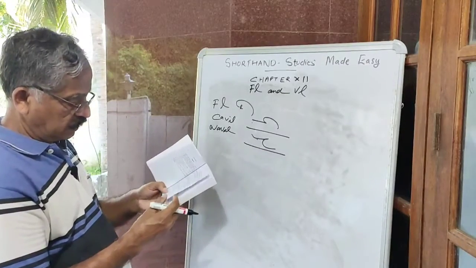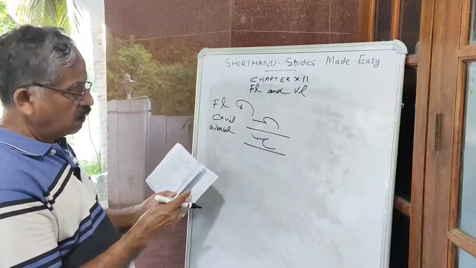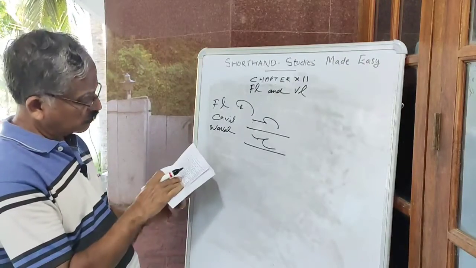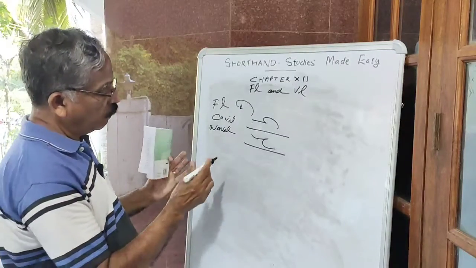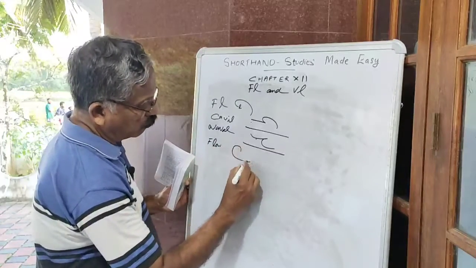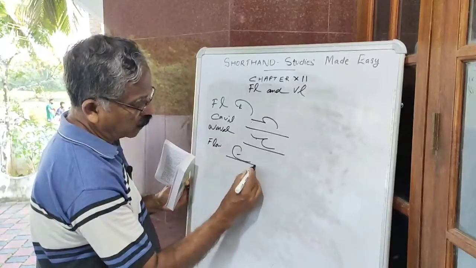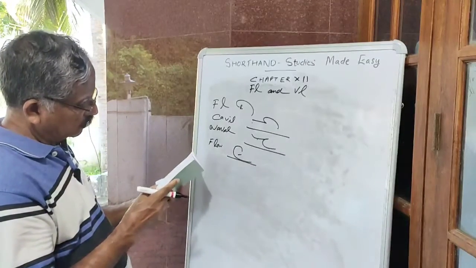Navel on the line. Another is flow. I write flow. Full vowel and flow on the line. Flow, second place vowel. Flow. Like this.